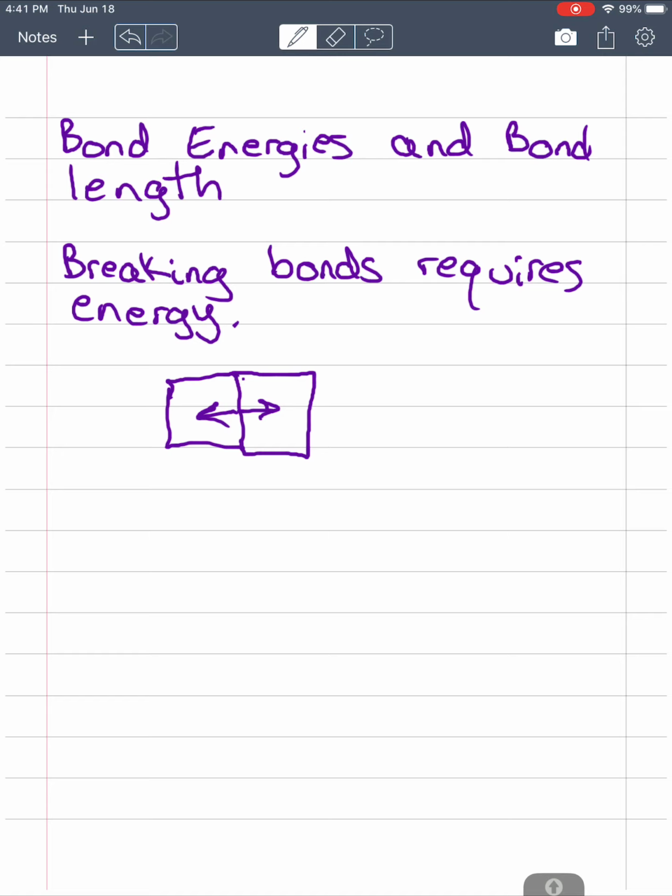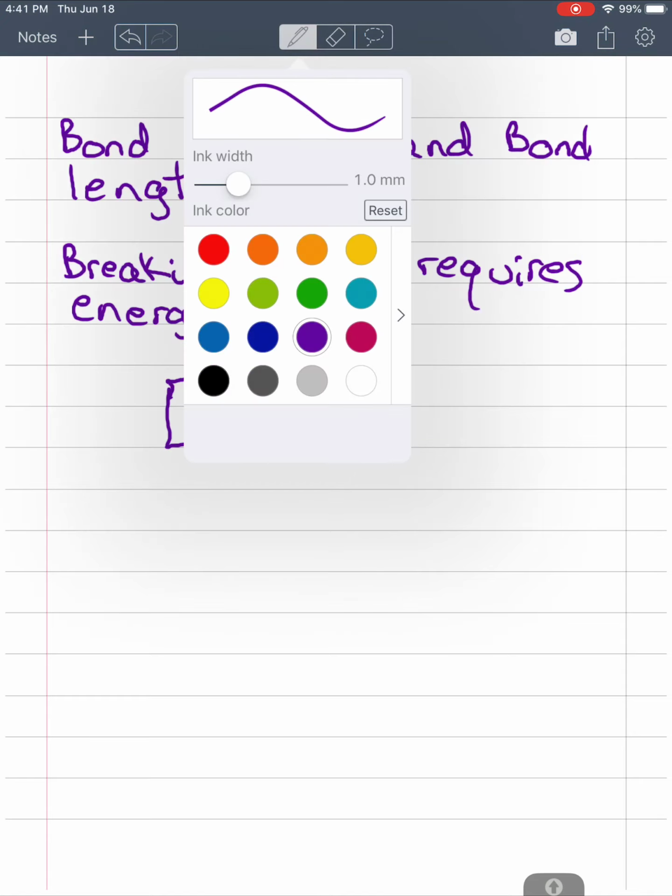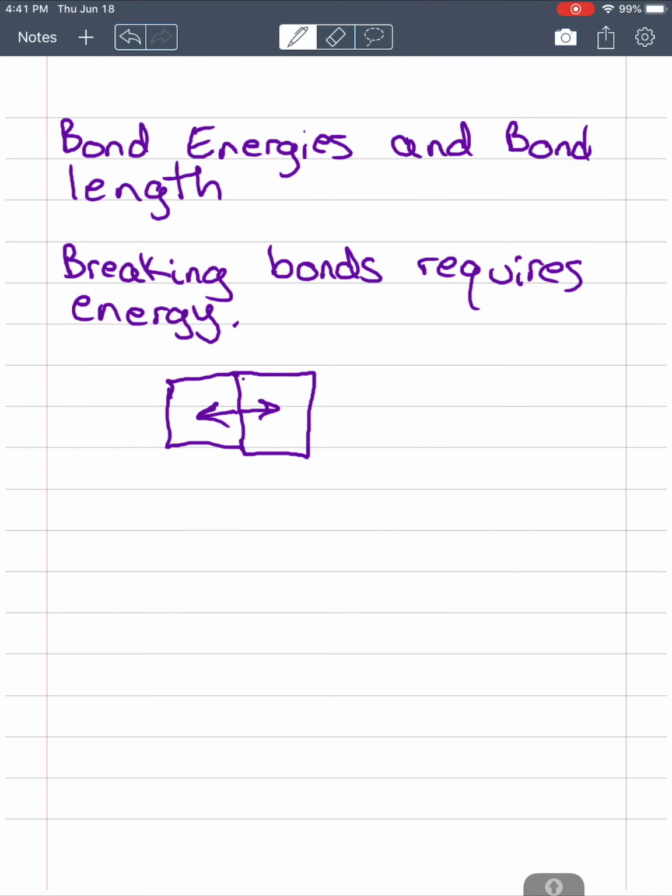Breaking bonds is more like pulling apart two magnets than it is breaking glass and releasing something. So if breaking bonds requires energy, that means making bonds produces energy. Not produces, but it will give off energy.